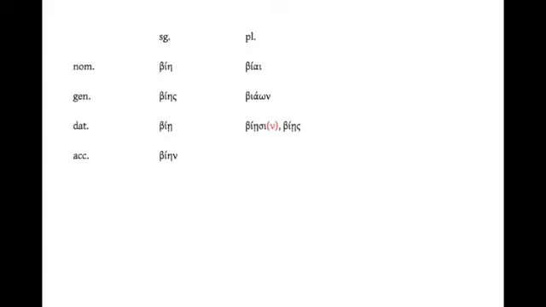Sometimes I'm going to put a parenthesis here and a nu. If the next word started with a vowel, very often in Homer there would be a nu at the end of the word. Why might that be? If a word ending in a vowel is followed by a word beginning with a vowel, a nu would be put in between. Yes, to pronounce it better.